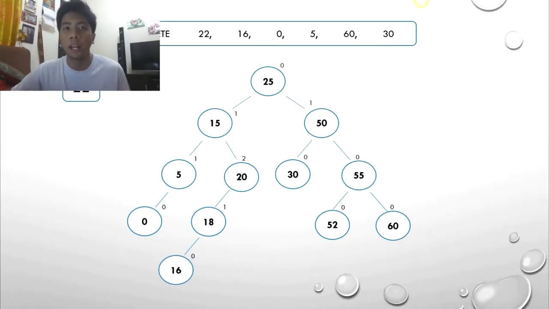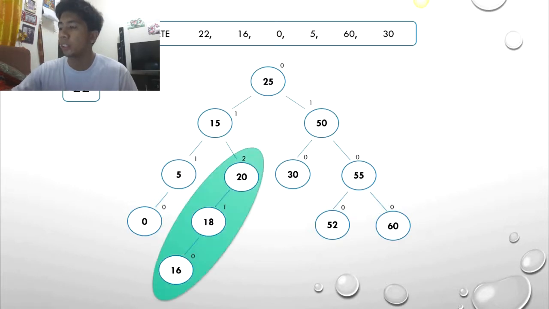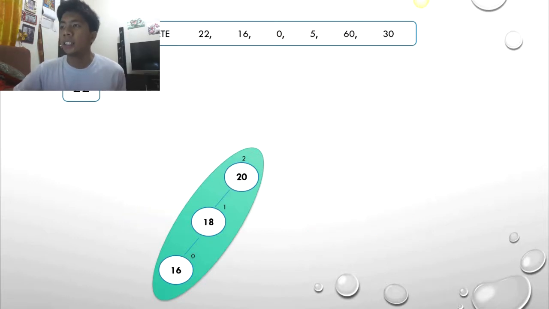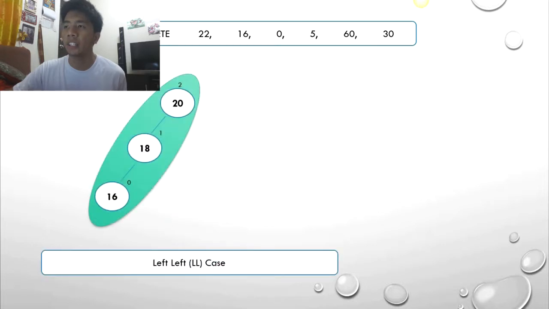What we have to do is balance this AVL tree. We have to balance 16, 18, and 20. But before that, we have to remove the rest of the nodes, not including the nodes that we need to balance. So there you go, 16, 18, and 20 are now prioritized. In this case, since this is a left child and another left child, this is a left-left case.